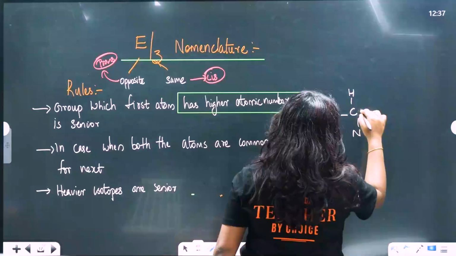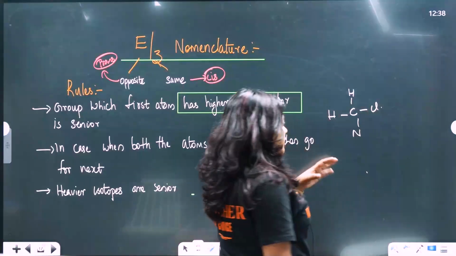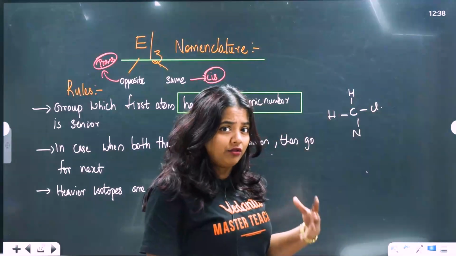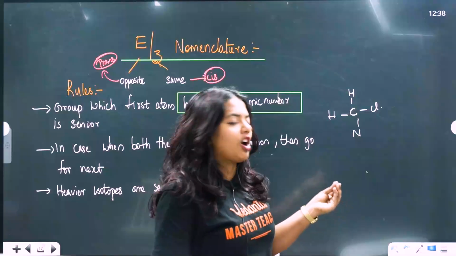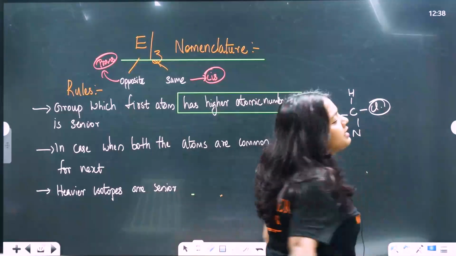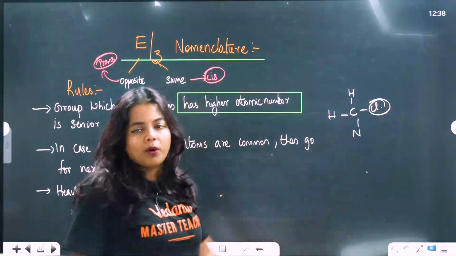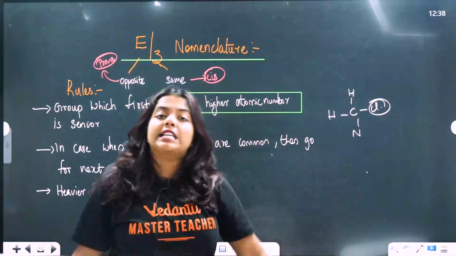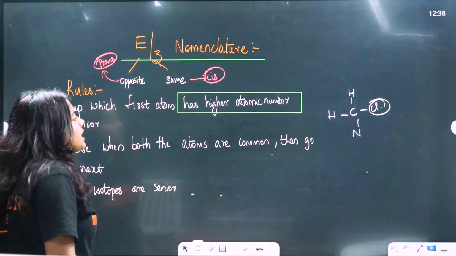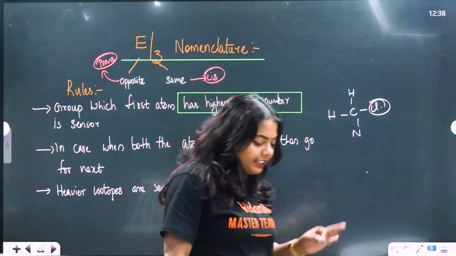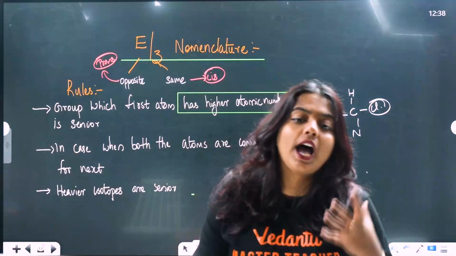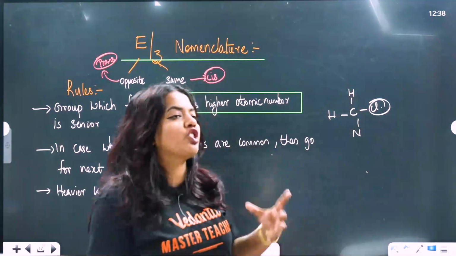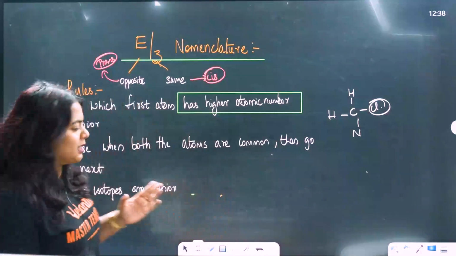This is nitrogen, this is Cl. Whichever is attached to the particular carbon, the one having more atomic number will be the senior. This is just for your understanding, not the actual case. So the group whose atom has the highest atomic number, we consider as senior.